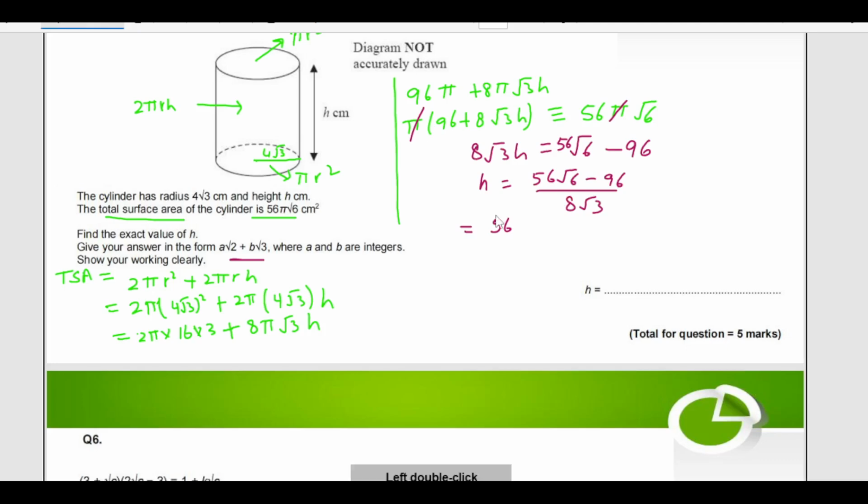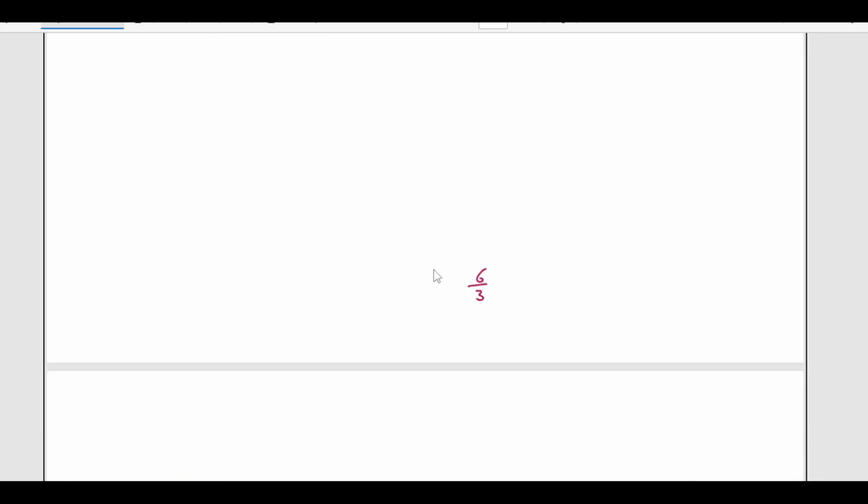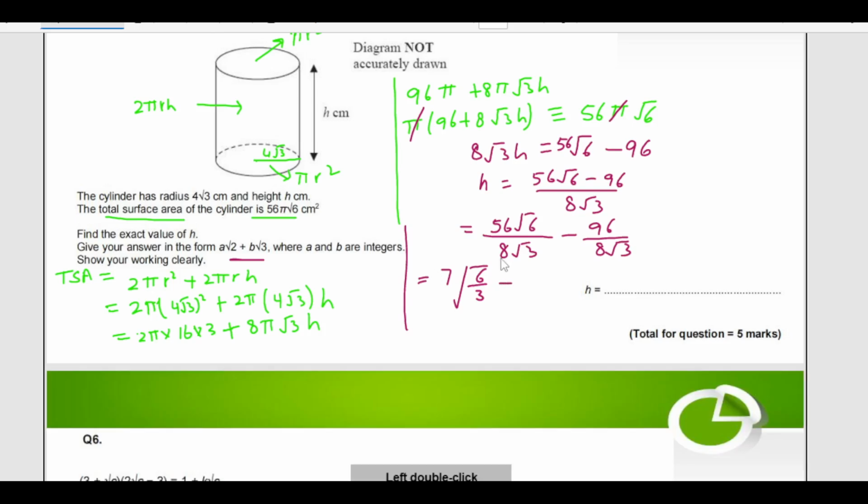So here 56 root 6 and 8 root 3 minus 96 over 8 root 3. Okay, so now we got here 56, this is 7, it will be like this, 6 over 3 minus this is 12 root 3.